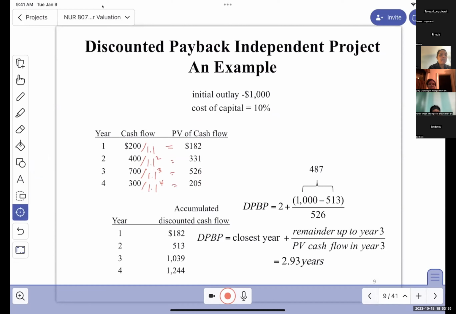I calculate what's called the present value of each cash flow. So I convert each one of these into their present value. And then I do the accumulated discounted cash flows.